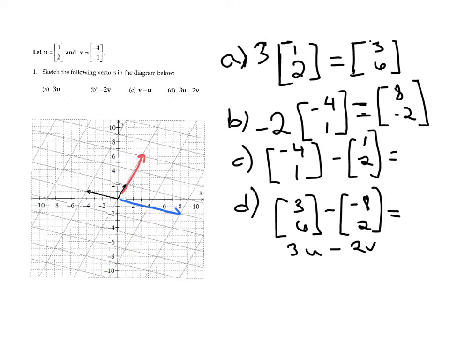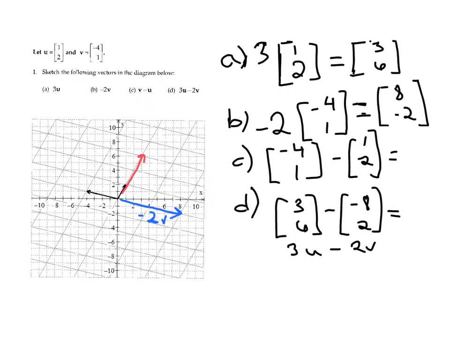So this is the vector negative 2v. And notice that it points in the opposite direction of v. And if you lined up 2 of them, the units are drawn here with the diagonal lines.